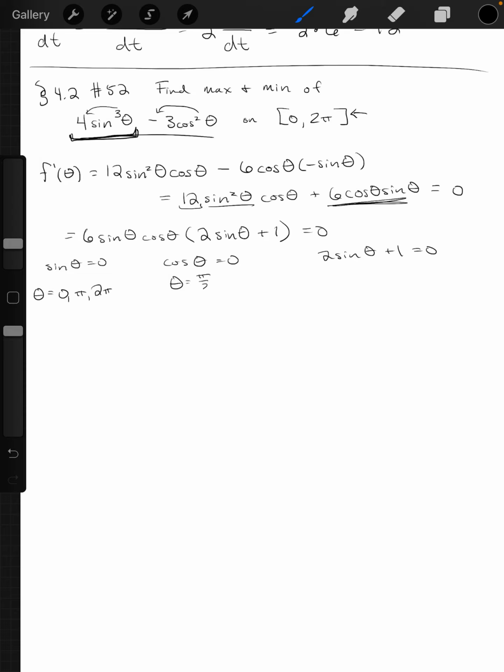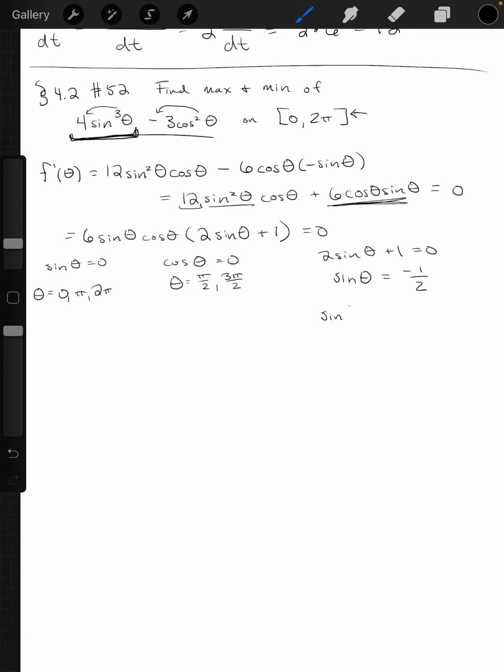This one gives us pi over 2 and 3 pi over 2. We can do some quick algebra to figure out here we want sine to equal negative 1/2. And that's not going to be too bad because that's one of our standard angles that we should have memorized, one of the angles that shows up on every unit circle. So if you have a unit circle, you can just use that.